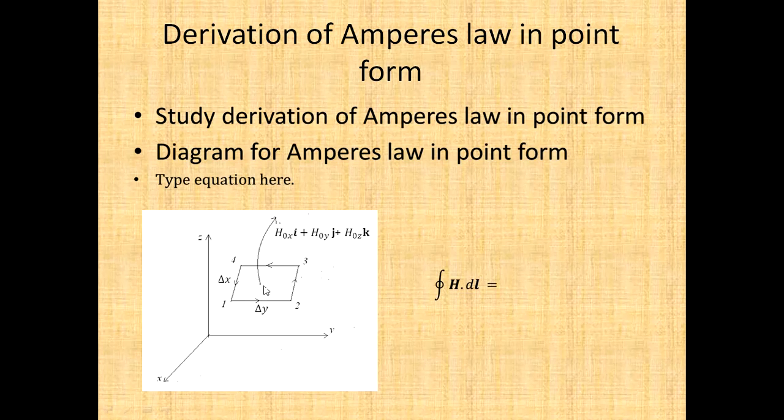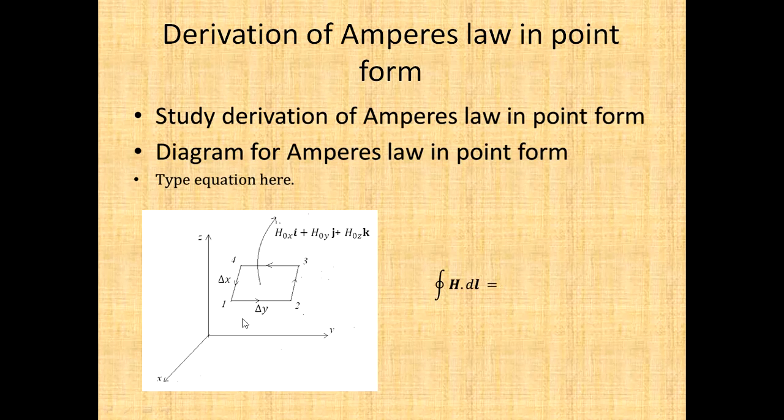While doing this calculation, contributions come from the four sides of the path. Here the central point is given, but there will be variation of the field along the path, and that variation we have to consider. While following this path, the magnetic field varies from one side to another.